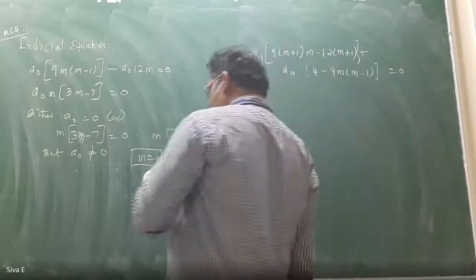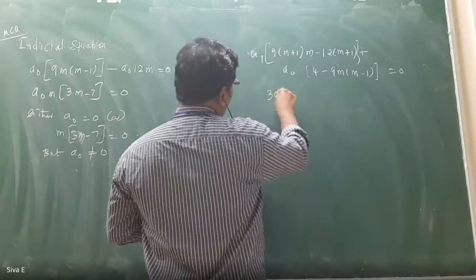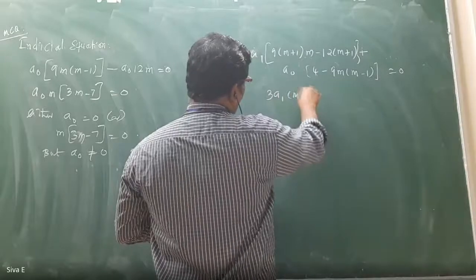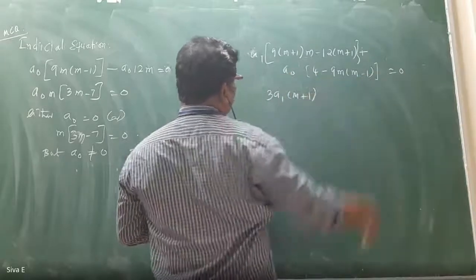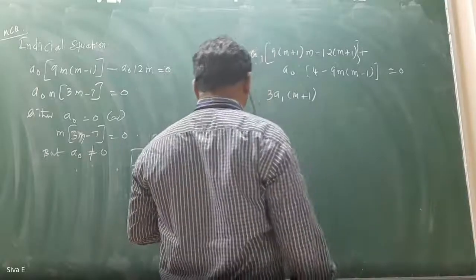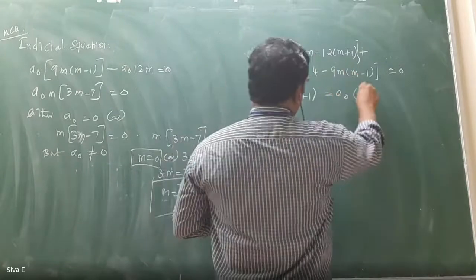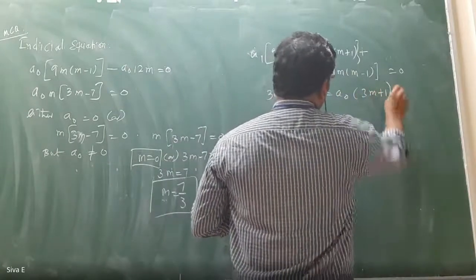So when you are solving this, you will get that 3a1 into m plus 1, with a naught taken to that side, is equal to a naught into 3m plus 1.